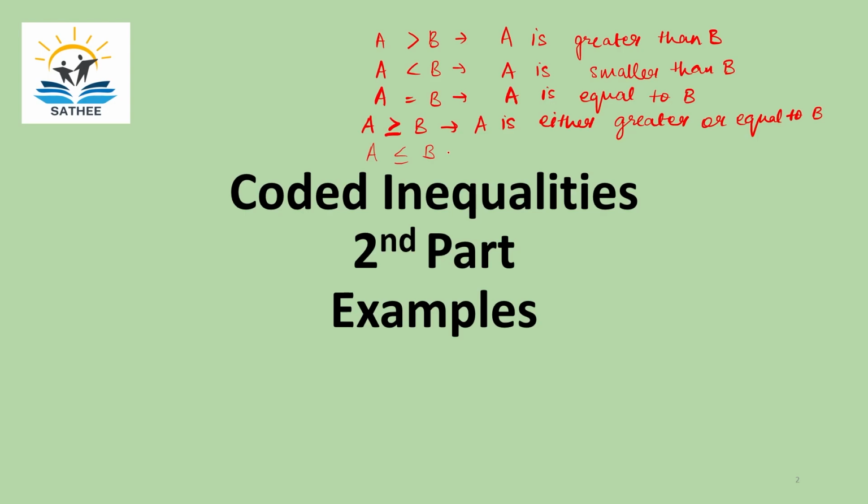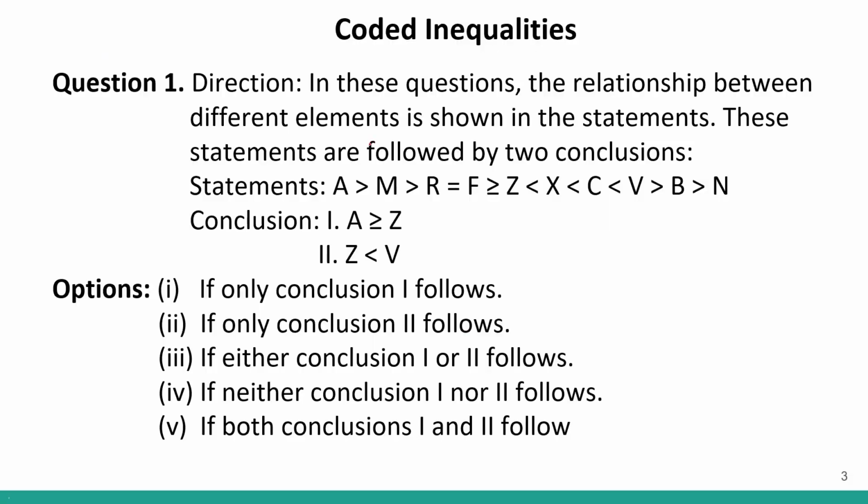This symbol again means two possibilities: A is either smaller or equal to B. Correct? So only these 5 symbols are there in coded inequalities that we have to take care of. Correct? So we will start with question number 1, example number 1.